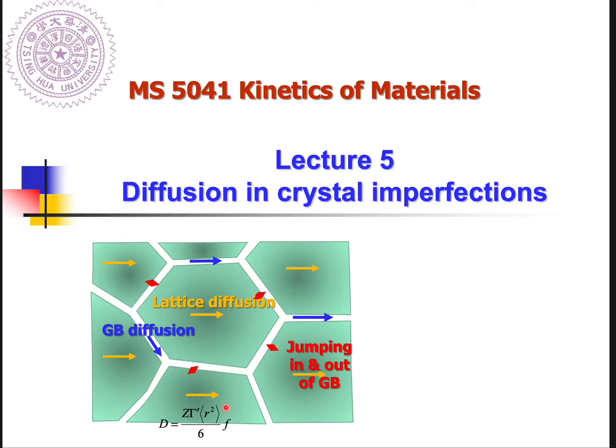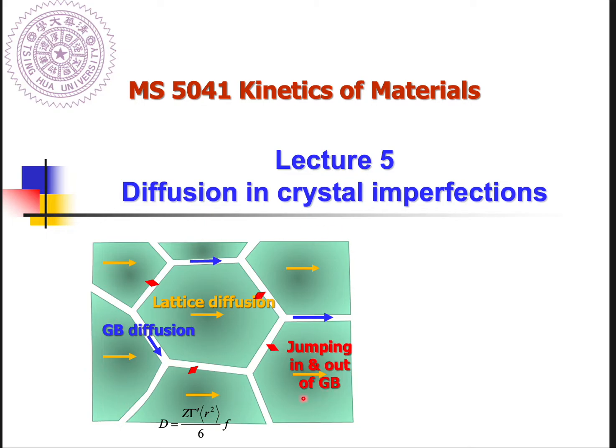But if your sample is a polycrystalline material, which means you have grains and, in between two grains, a grain boundary, then how can we estimate or obtain the diffusivity of the diffusing atoms?